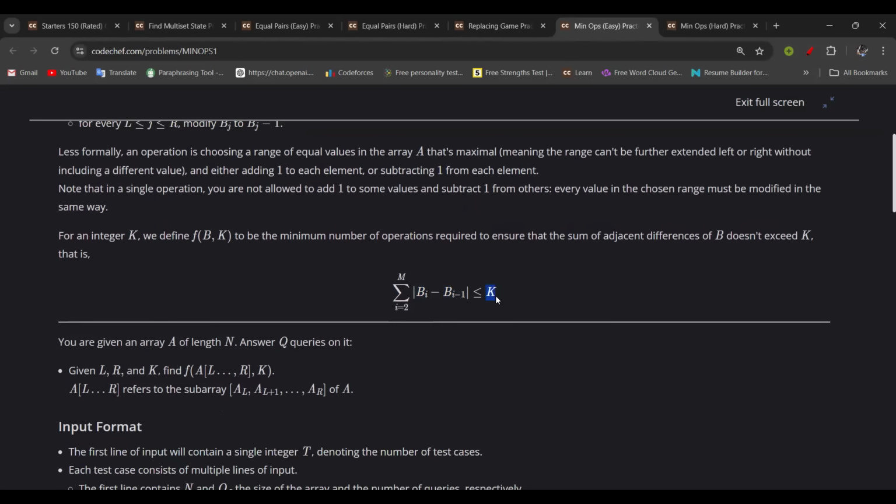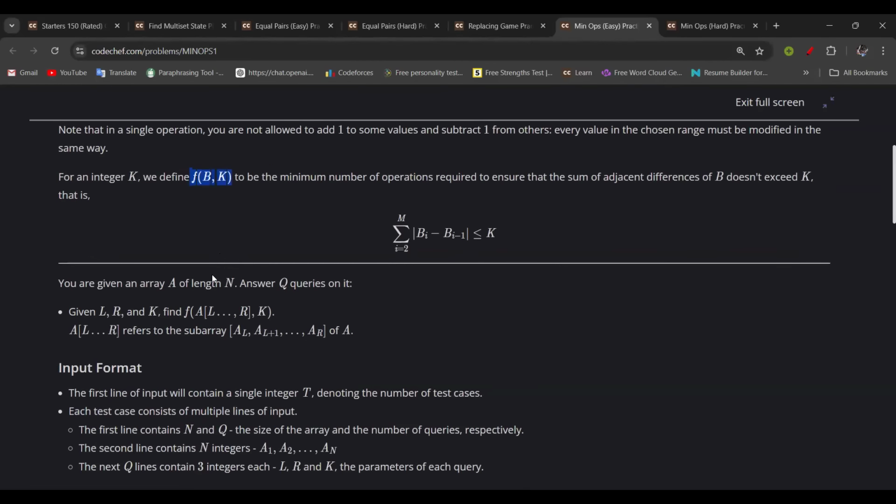Initially, if the sum is more than k, you need to apply some operations and get this sum of differences between the adjacent elements to be less than k. You need to do this in the minimum number of operations. That would be the value of your fbk.